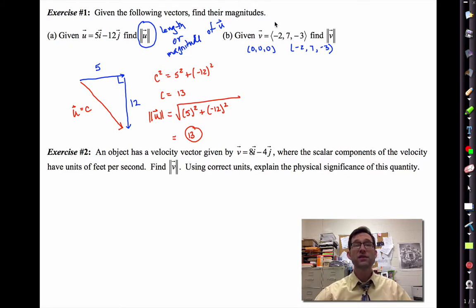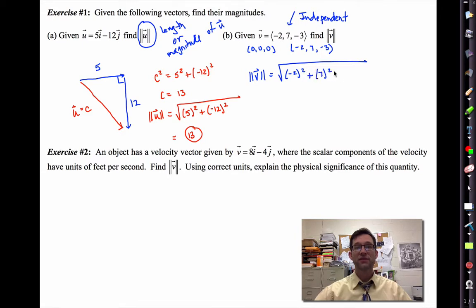So because these 3 components are independent of each other, and in fact are at 90-degree angles to one another, we can just say that the length of v is equal to the square root of negative 2 squared plus 7 squared plus negative 3 squared.